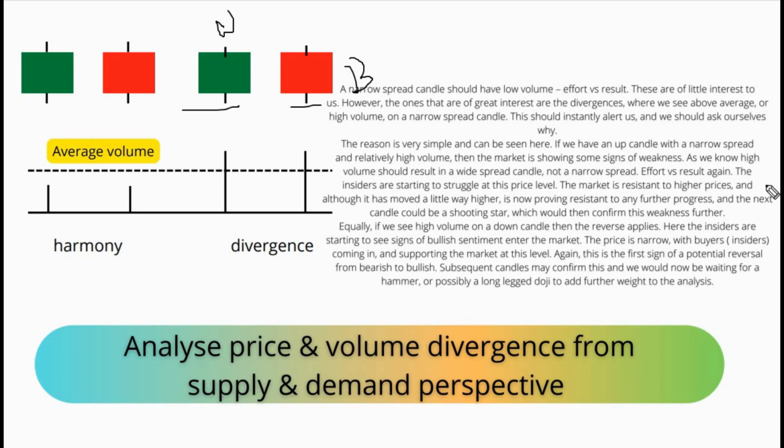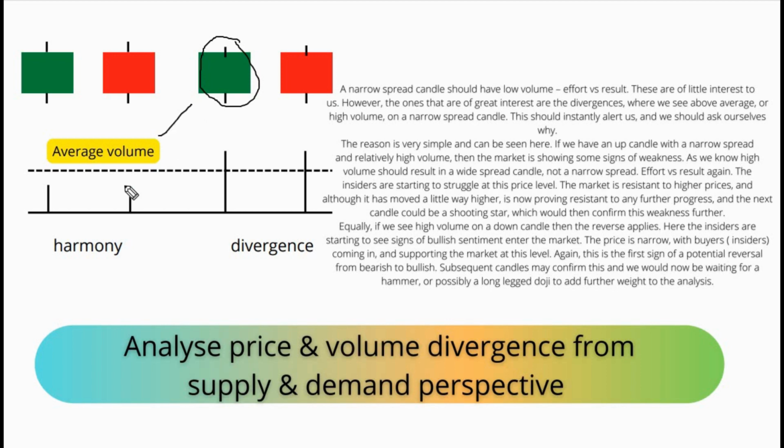Okay, so these are very important concepts. Always analyze the price and volume divergence. See, if prices were in an uptrend, and then this candle is formed with this kind of volume, what is this indicating?